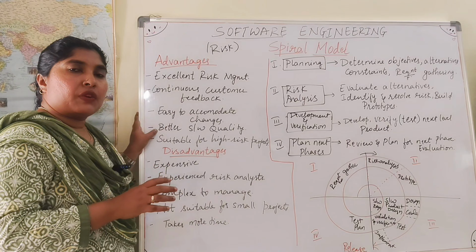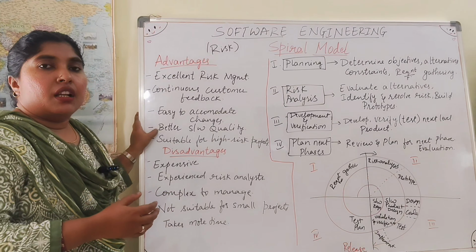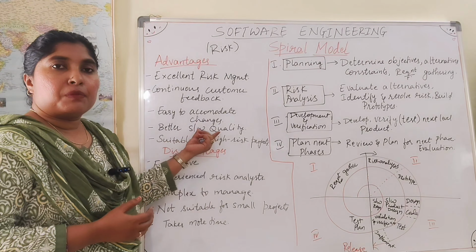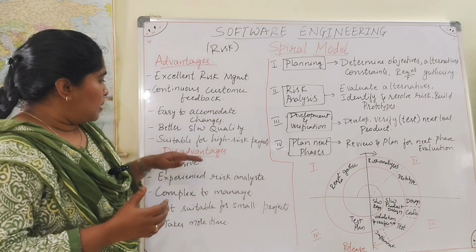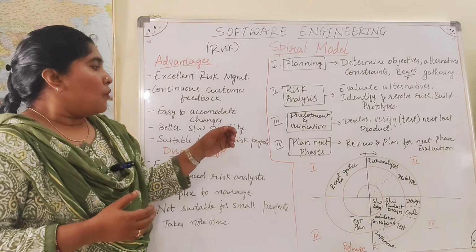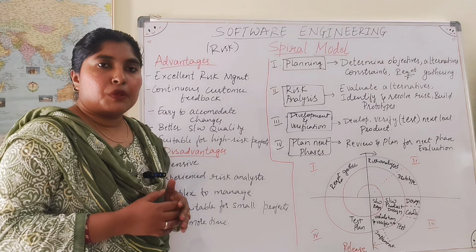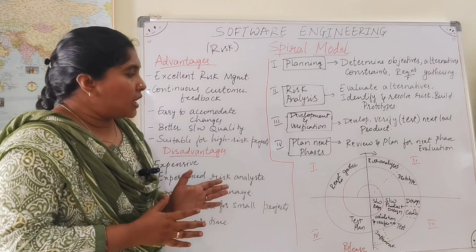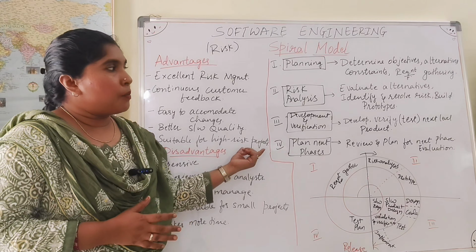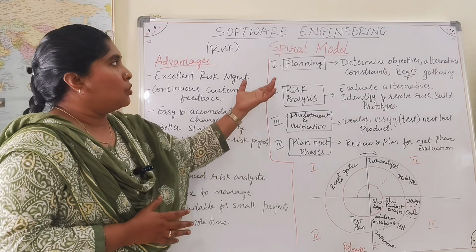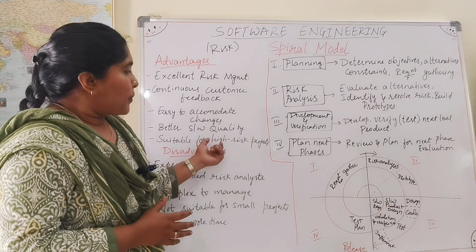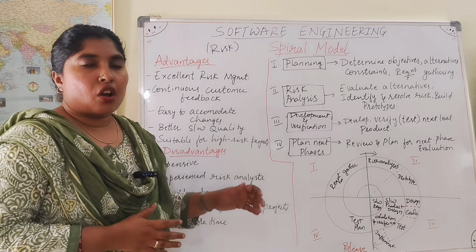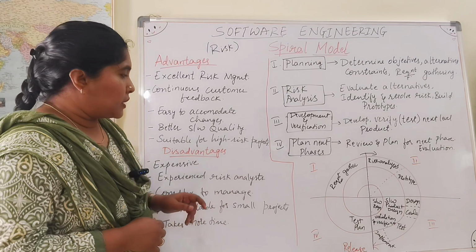Better software quality, as testing is done after developing the code, so we make sure that the software meets the quality. It is suitable for high risk projects, where the projects have numerous features and risk associated with them. Such projects can be developed using the spiral model, like banking applications, defense, or aerospace projects.